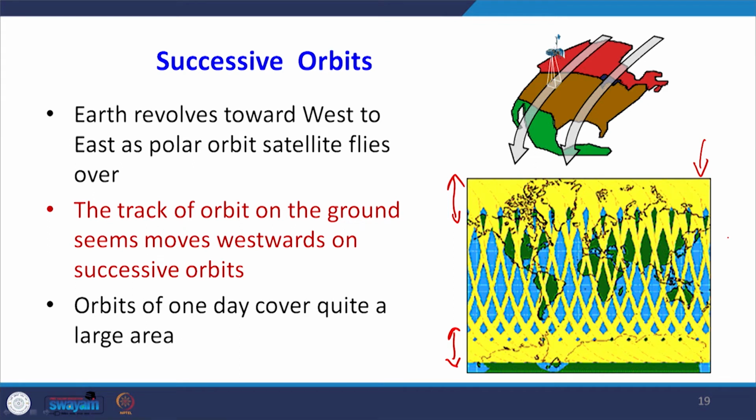But near the pole, the overlap is there, because the area covered along the pole becomes much smaller. So, we are getting a lot of overlap in those images near the poles.